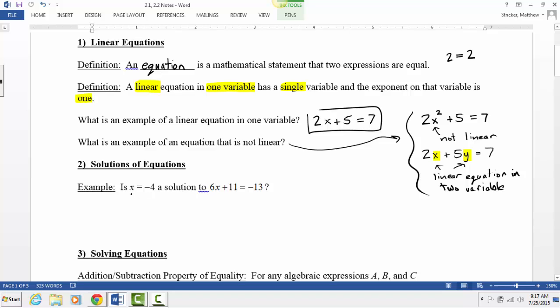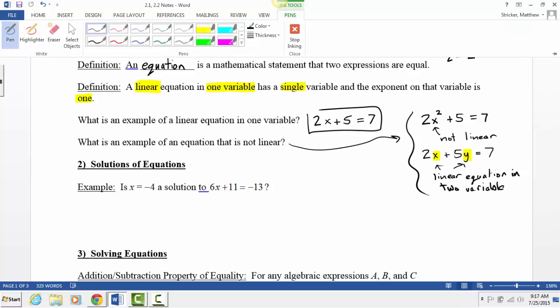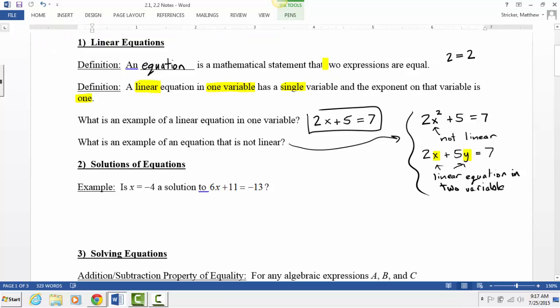We want to take x equal to a specific value, specifically -4, and check to see if -4 is a solution to this equation. For it to be an equation, the two expressions have to be equal, meaning the left side, the 6x plus 11, has to be equal to the -13.